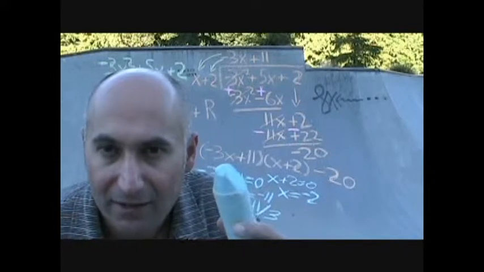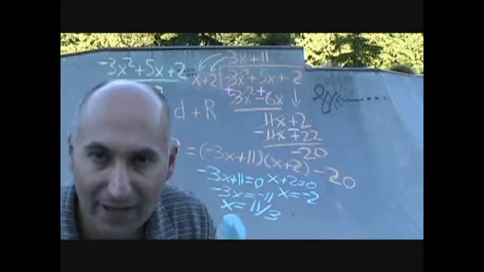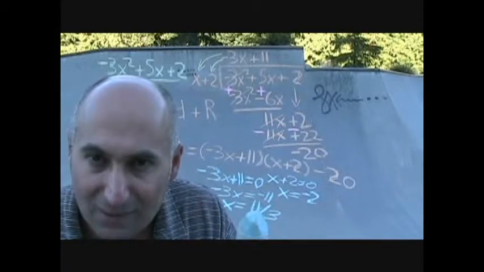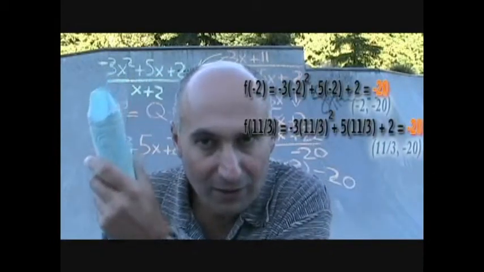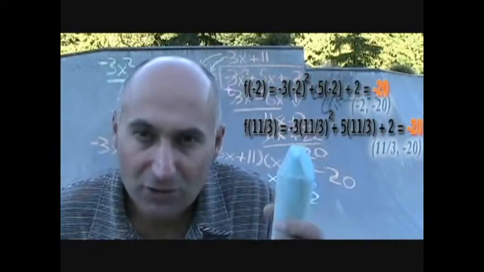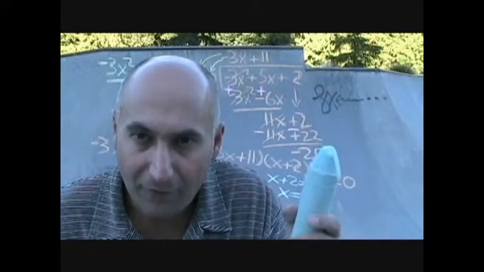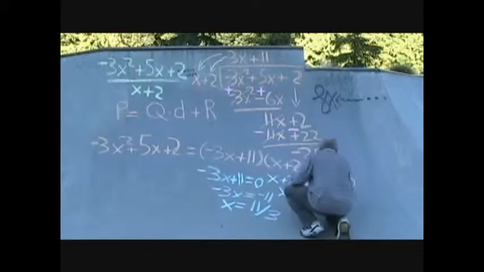And you would set negative 3x plus 11 equal to 0 and solve for your x, and you got 11 over 3. If you took those, x is equal to 11 over 3, and subbed it into the top, the numerator, what that would give you is your remainder, your y, for a graph, right? So these are actual coordinates that you just figured out.